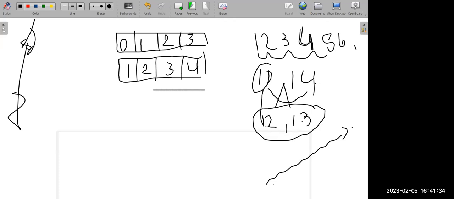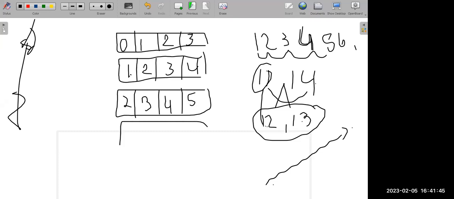Then the next is 2, 3, 4, 5. Then the next one, instead of starting from 2, we start at 3: 3, 4, 5, and 6.